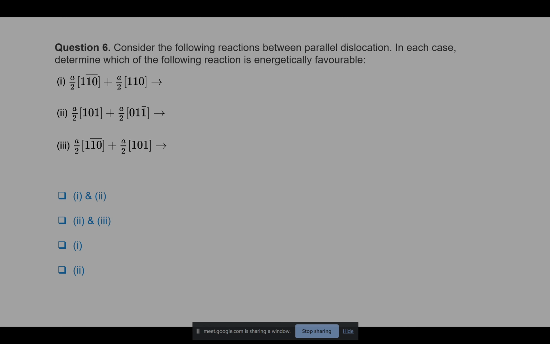For favorable, the change in energy is less than 0. And if it is greater than 0, then it is unfavorable.